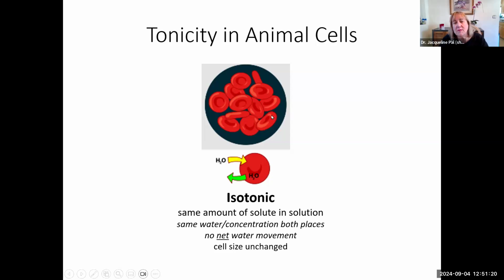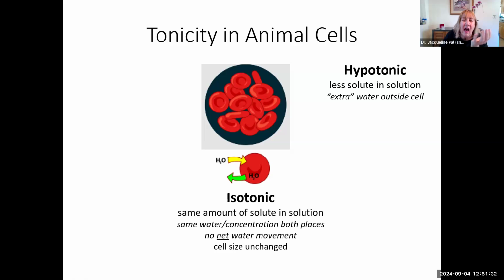Now, if we take those same cells and we put them in a hypotonic solution, then the solution has less dissolved solutes, which means that solution has a higher concentration of water. So there's more water outside the cell and less dissolved particles compared to inside the cell.